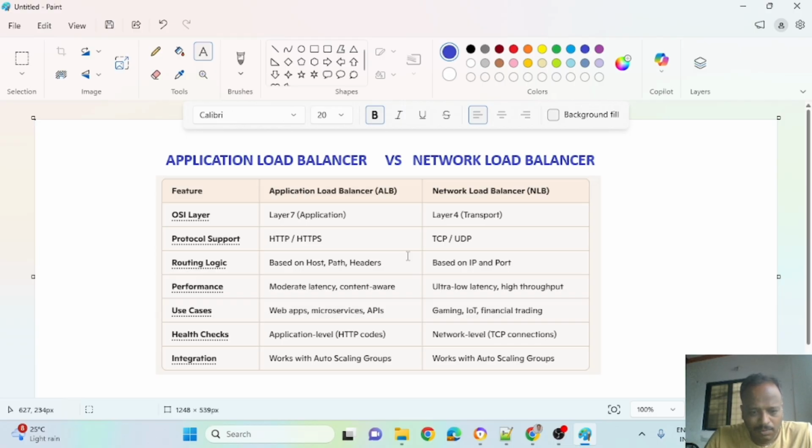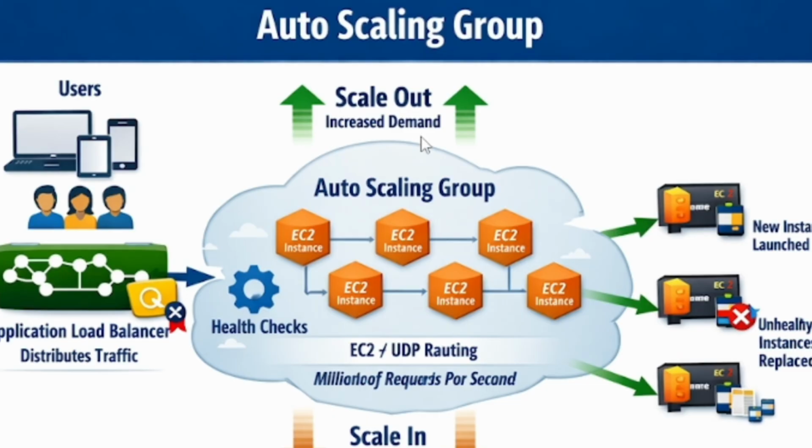Next one is integration. The application load balancer works with an auto scaling group, and the network load balancer also works with the auto scaling group. The auto scaling group is integrated with the load balancer. When a huge amount of traffic comes from the load balancer to the auto scaling group, it will launch new instances.